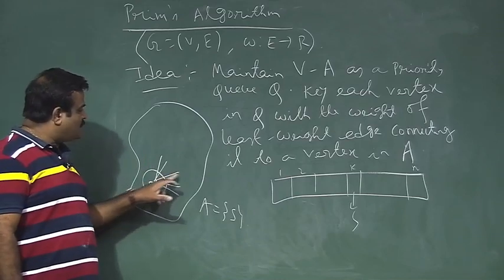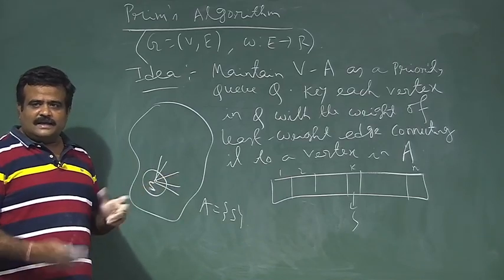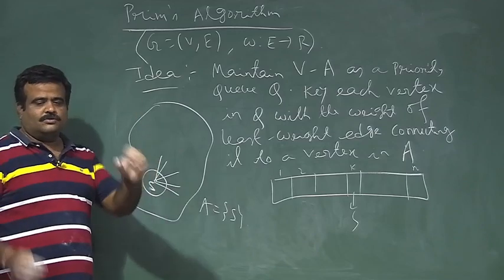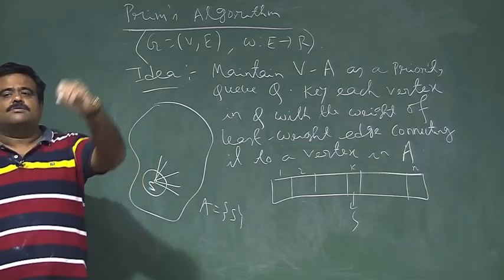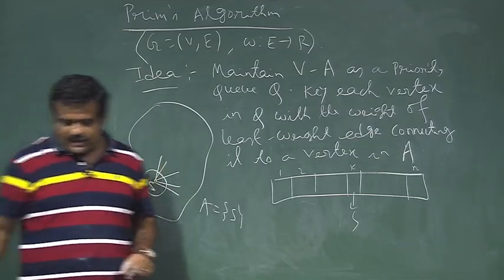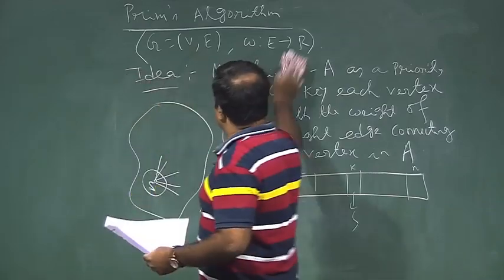So, we capture that vertex in A, and slowly we grow the tree. We start with vertex S and slowly grow the tree. That is the idea. Let us write the code, then it will be more clear.